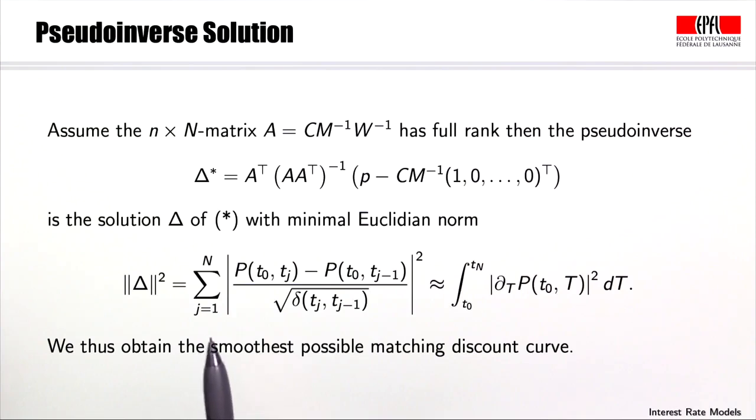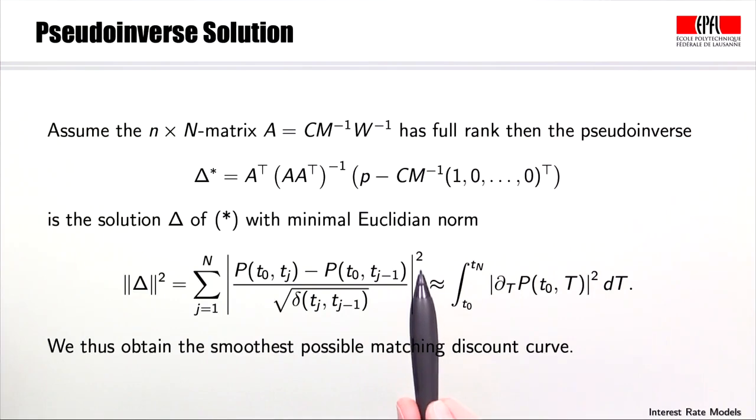If we write down what this Euclidean norm looks like, we now understand in hindsight why we have weighted these bond price increments by the square root of the difference of the maturity dates.